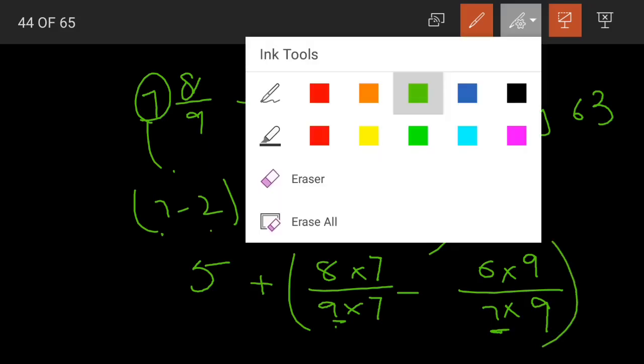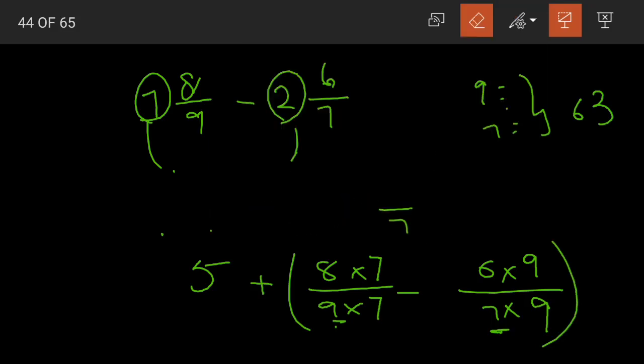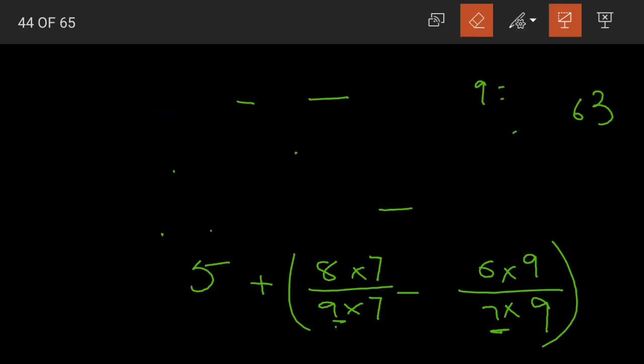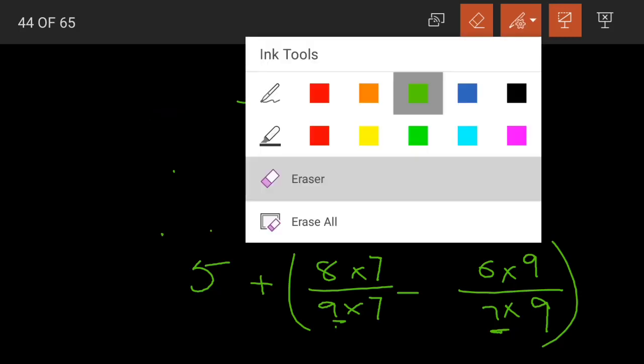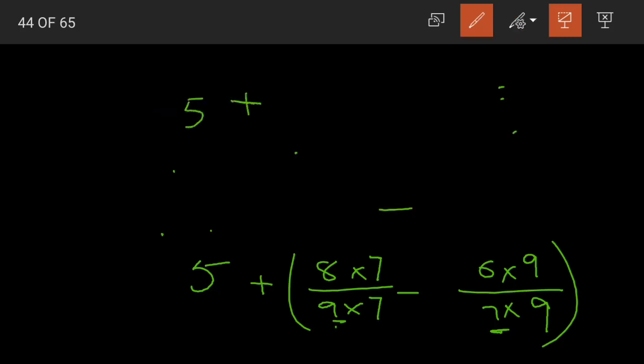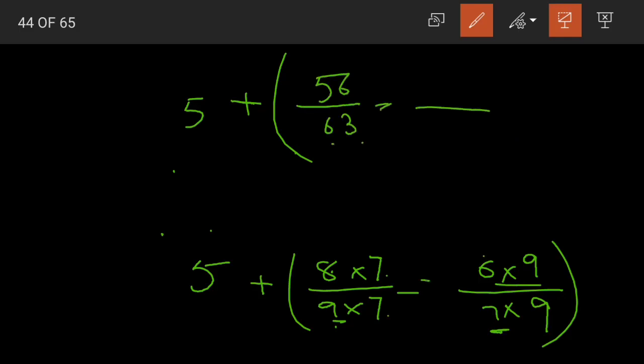Let me erase the upper fractions. So what is it? 5 as it is. 8 sevens are 56 divided by 9 sevens are 63. Then the subtraction symbol. For the second fraction, what will the numerator be? 6 nines are 54 divided by 7 nines are 63, which becomes the denominator.